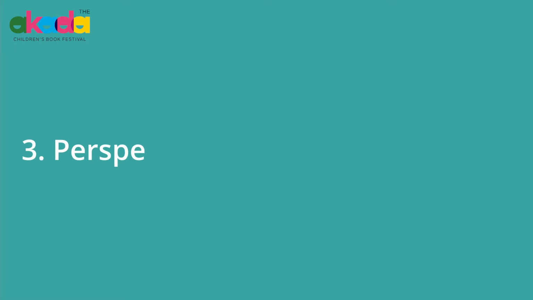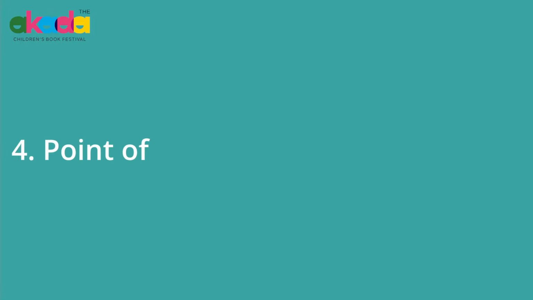We also have perspective. Where is your character placed? You need to be able to create an environment that your character sits in properly, just for us to have an understanding of what is going on in the environment. Another thing to consider is the point of view.